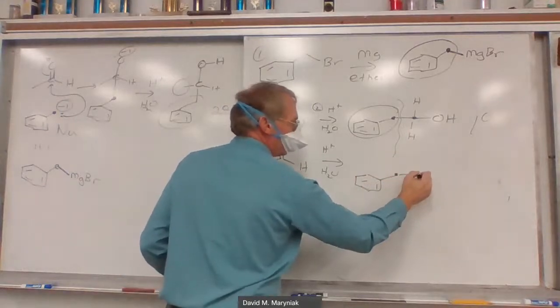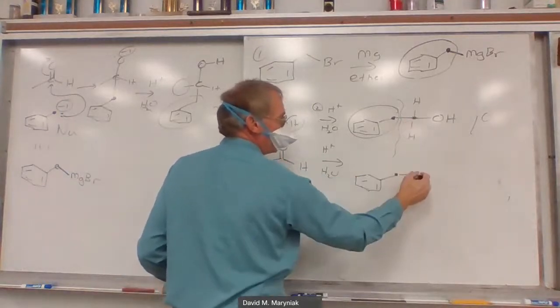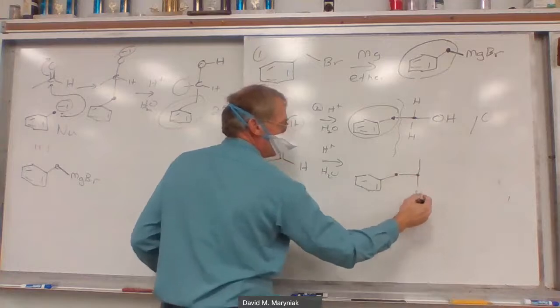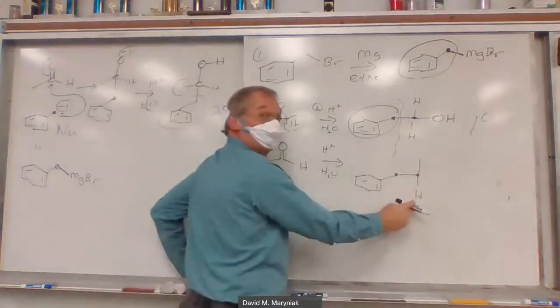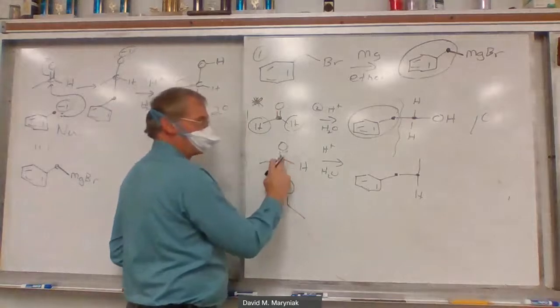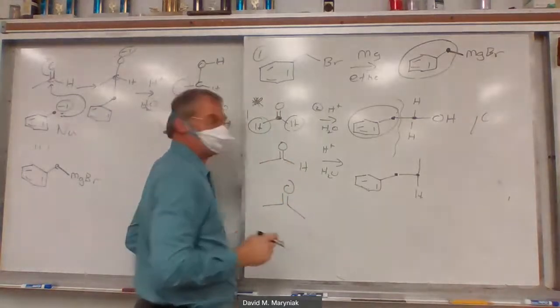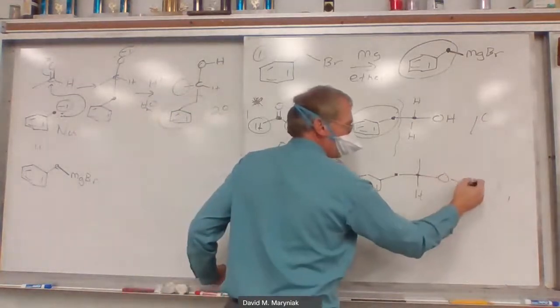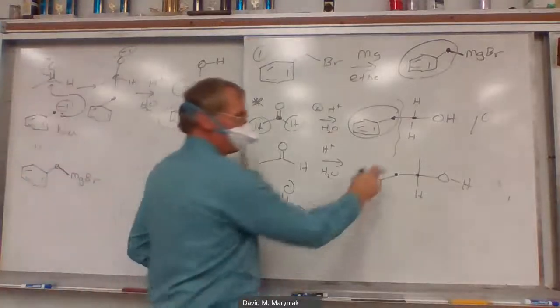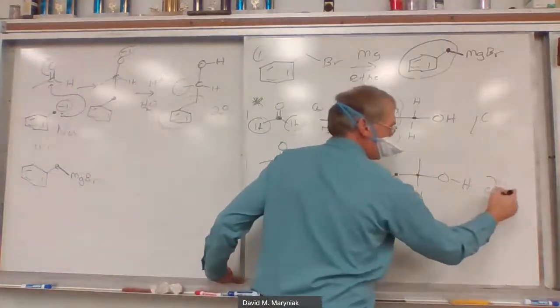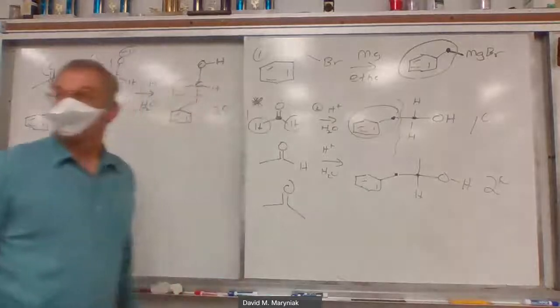And am I going to make the new connection to the aldehyde, which now has a methyl group and an H? Then what happens to this CO double bond? It becomes OH, and then this is a secondary alcohol.